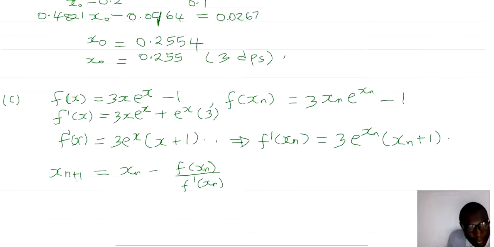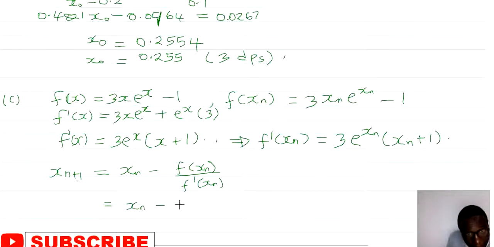Now let's substitute. We shall have xn minus f(xn) is here, so we shall have here 3 xn exponential xn minus 1, this here divided by, this is f(xn), don't forget, divided by the derivative, which is 3 exponential xn into bracket xn plus 1.